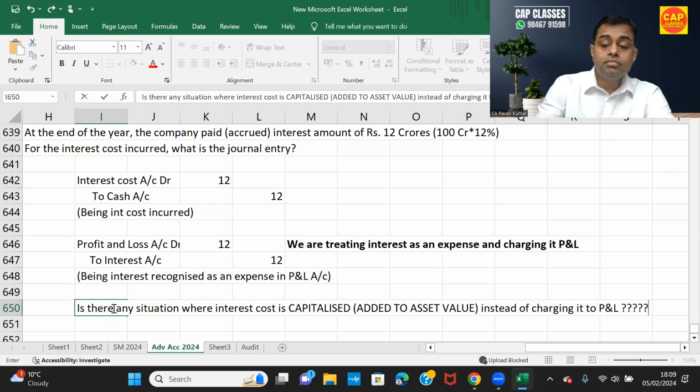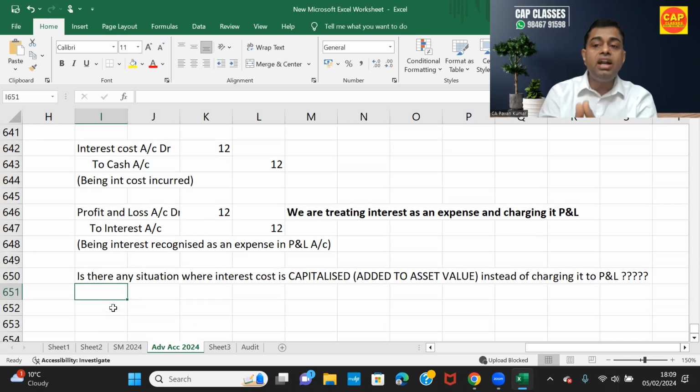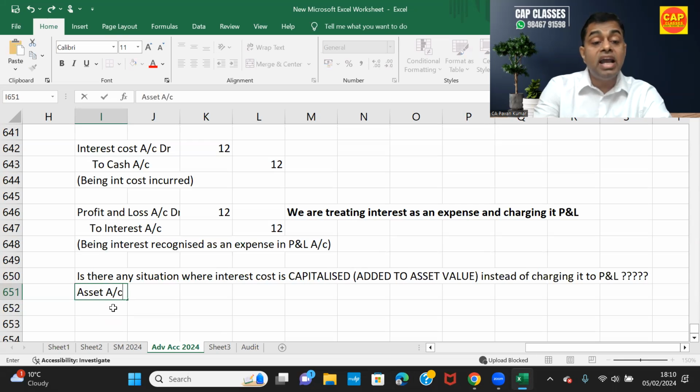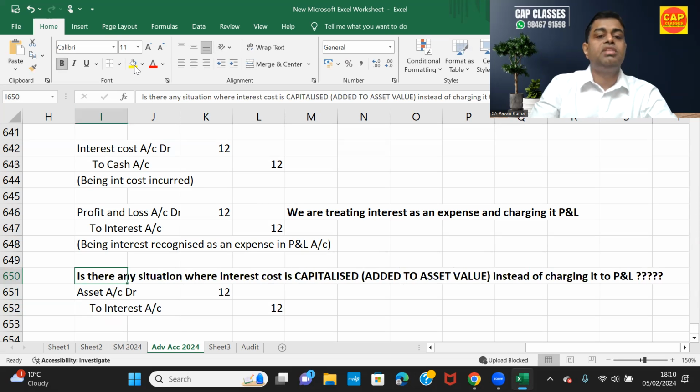My question is, is there any situation where you have incurred interest cost and instead of expensing it to P&L, you are capitalizing it, adding it to the value of an asset, including that as a part of one asset? Then what happens? Asset account debit to interest account. So this 12 crores is capitalized. Is this possible? Is there any situation?